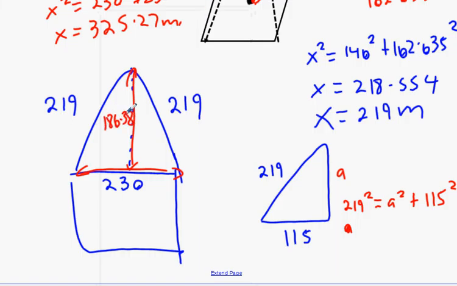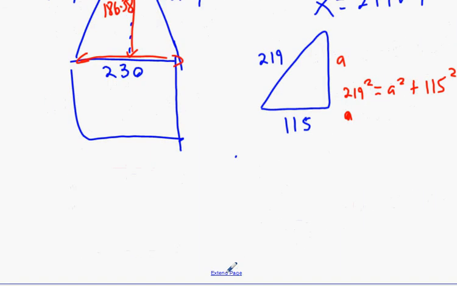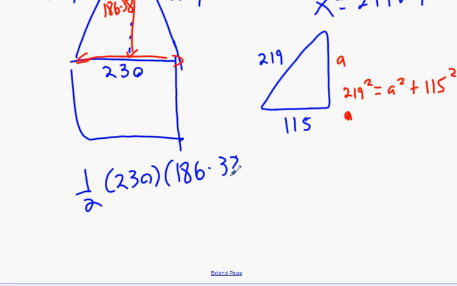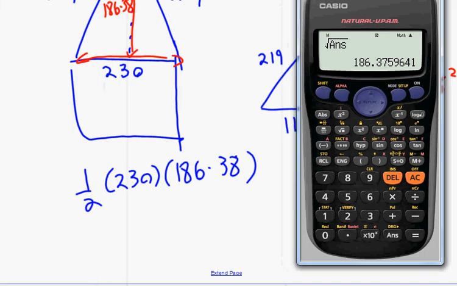Now, what's the area of this triangle then? Half 230 by 186.38. That's one triangle.